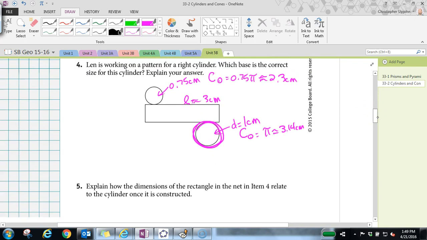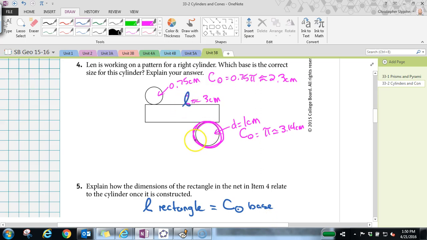Explain how the dimensions of the rectangle and the net relate to the cylinder once it is constructed. So again, the length of the rectangle is equal to the circumference of the circle base.